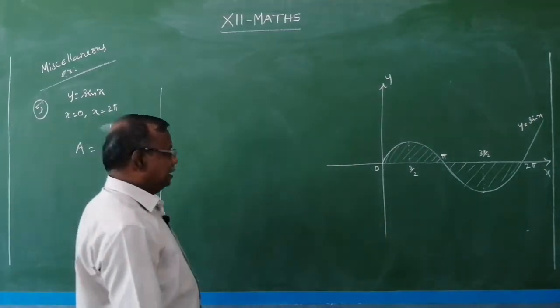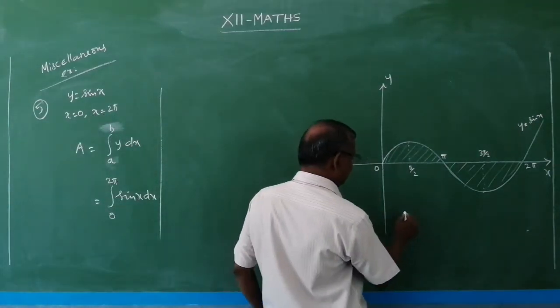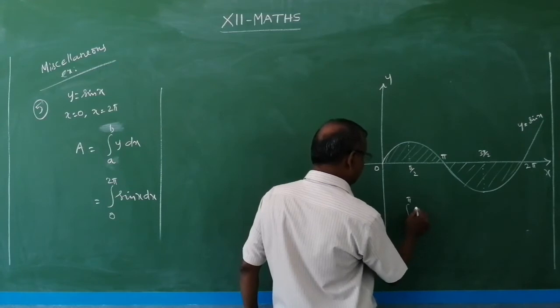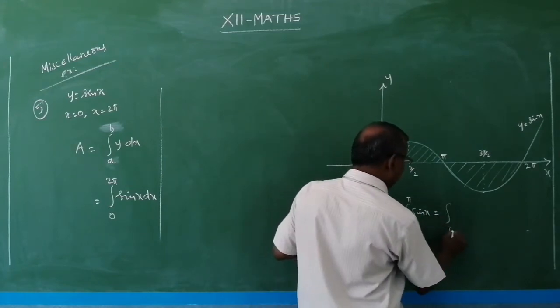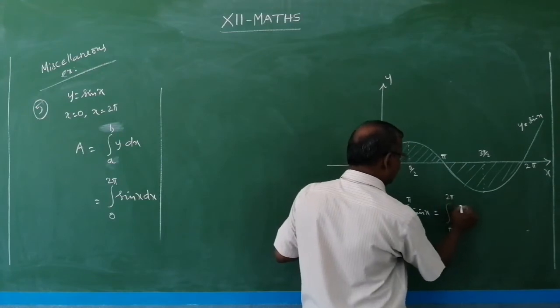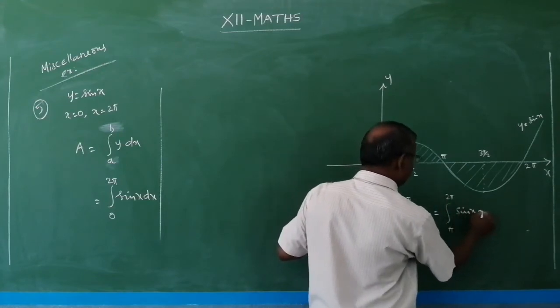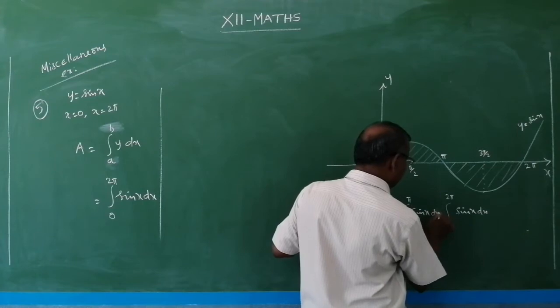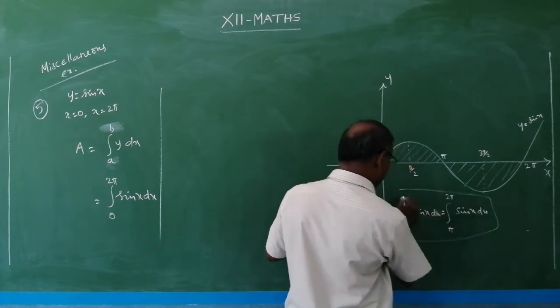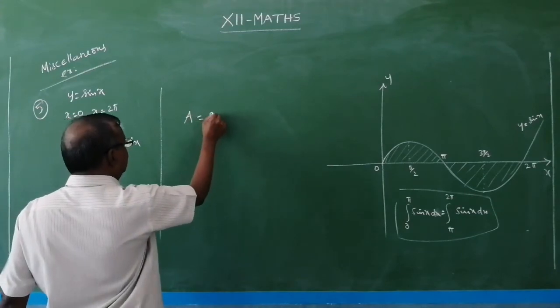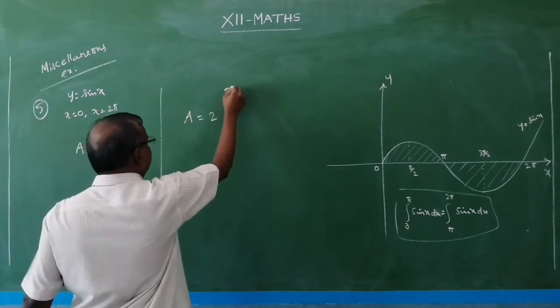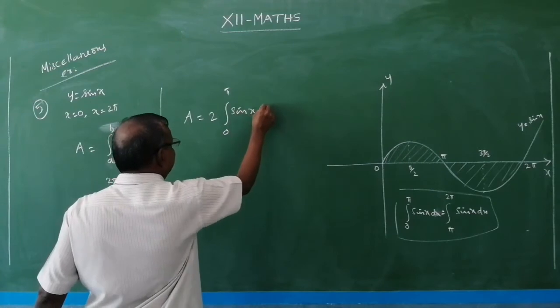Since the area between 0 to pi, integral sin x dx, is equal to integral pi to 2 pi sin x dx, these areas are equal. Therefore we can write A equal to 2 into integral 0 to pi sin x dx.